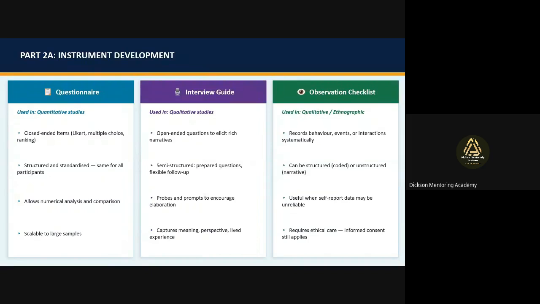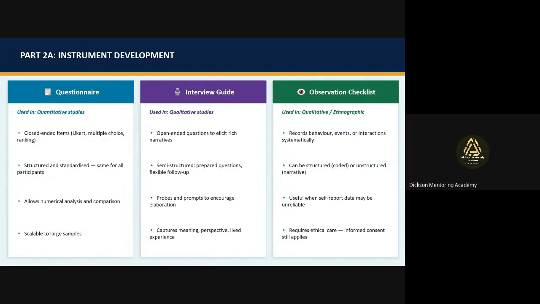Types, we have quantitative and qualitative. In quantitative, we have questionnaires and surveys. In qualitative, we have interview guides and observation checklists.